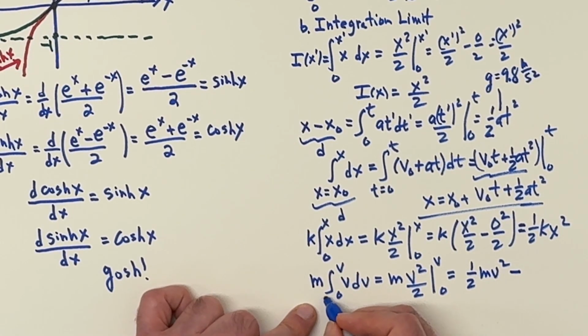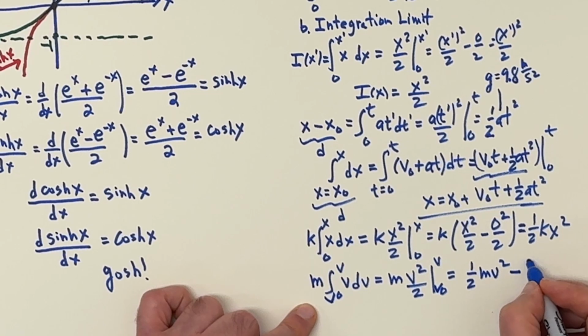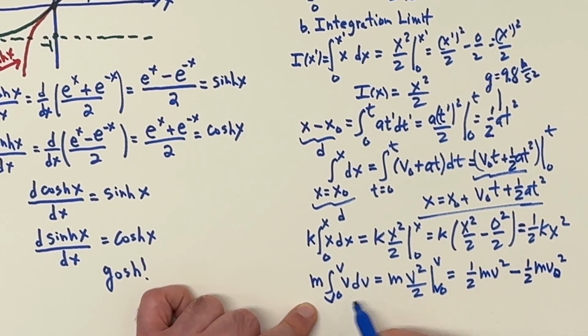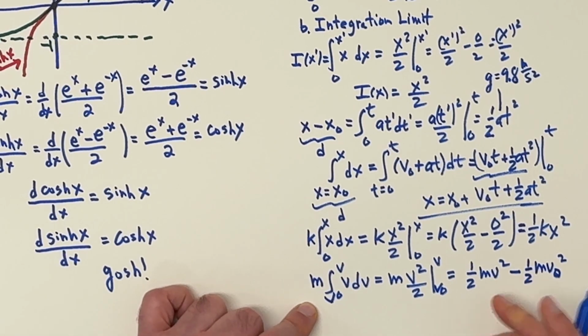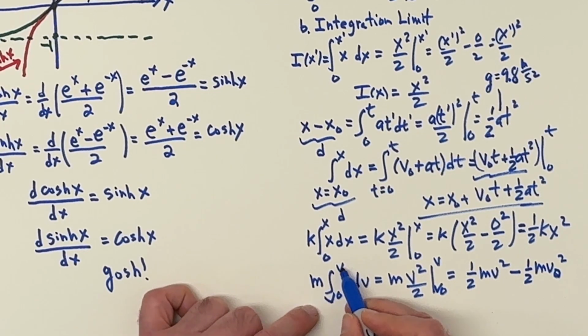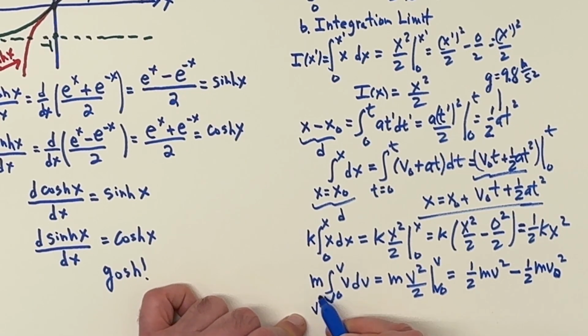Or if you had, say, a v naught down here like this, you'd have minus 1/2 mv naught squared. This is a famous equation, a change in kinetic energy. My point is, though, it's not to worry about the physics, but the mathematics. V here, V there, V here, V everywhere, all right? And there's no problem.